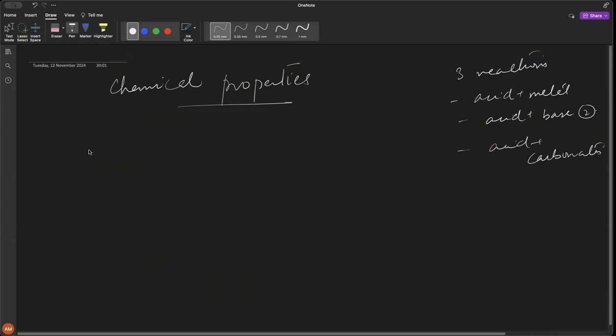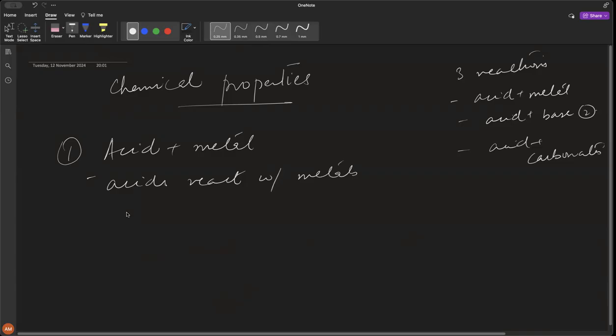So number one, let's talk about acids plus metal. When acids react with metals, they give salt plus hydrogen gas.